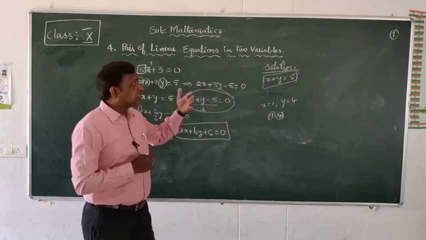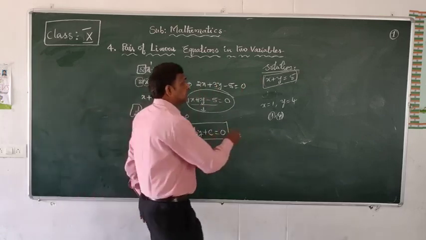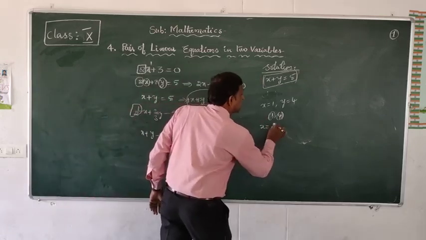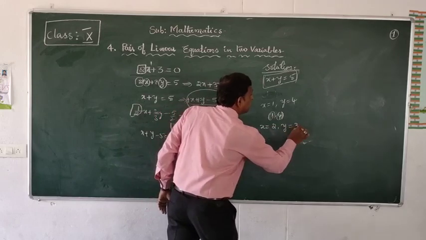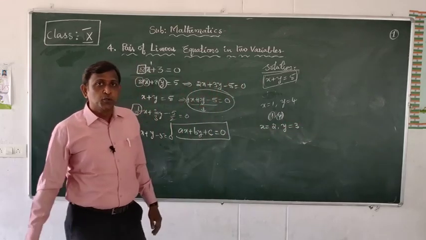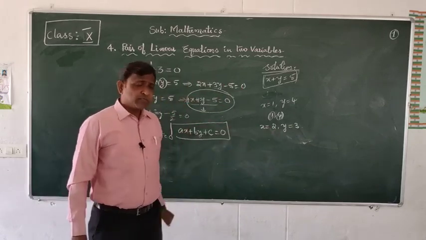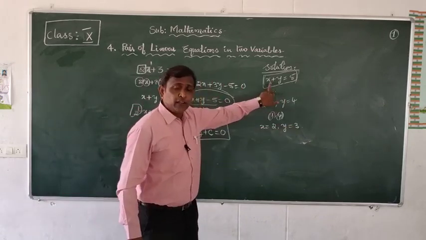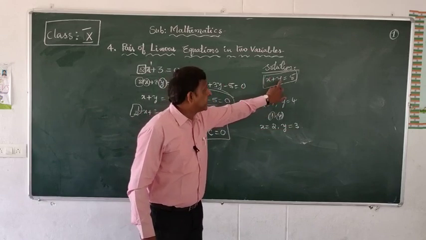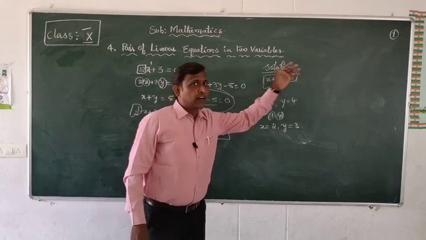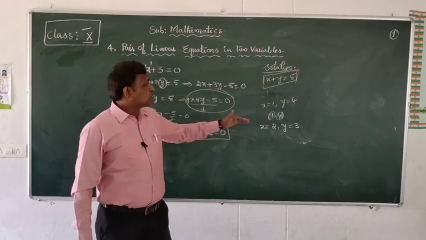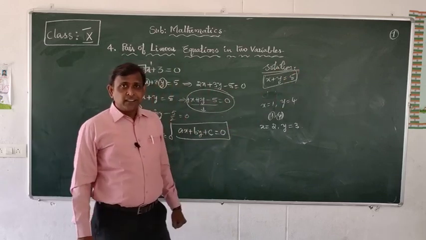Can you tell me another solution now? Yes, x is equal to 2, y is equal to 3. Now if you substitute 2 plus 3, it is equal to 5, and the RHS again is 5, so it is also a solution.